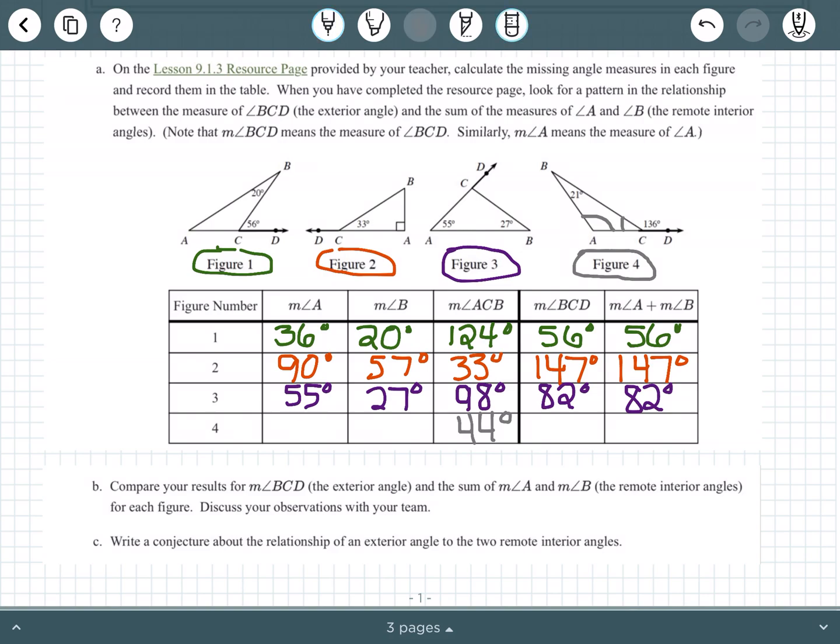Now I have 2 of my interior angles for this triangle. I know that all 3 will add up to 180 degrees. So what I'm going to do is add 21 and 44, take that sum, subtract from 180, and I should get 115 for my measure of angle A. My measure of angle B is given, that's 21 degrees.